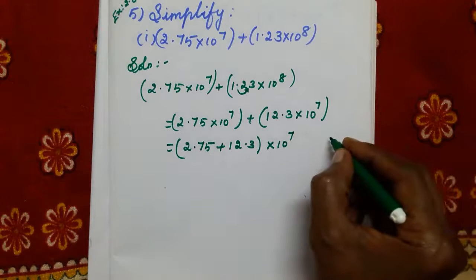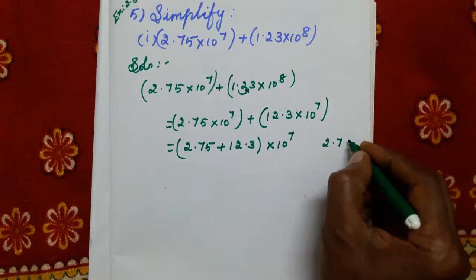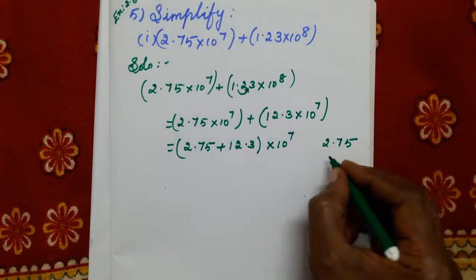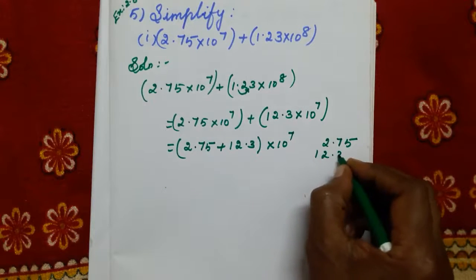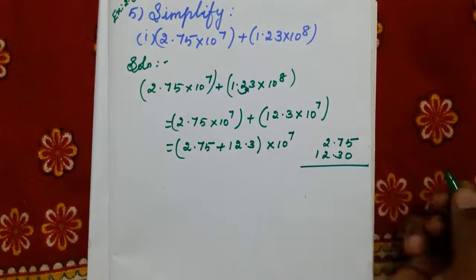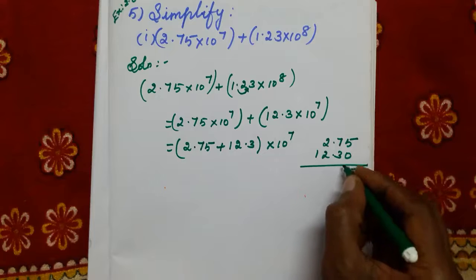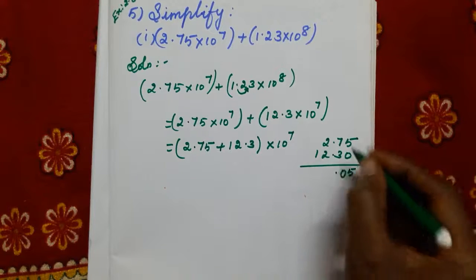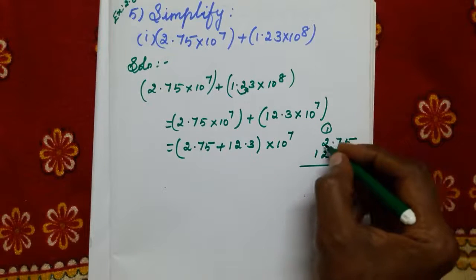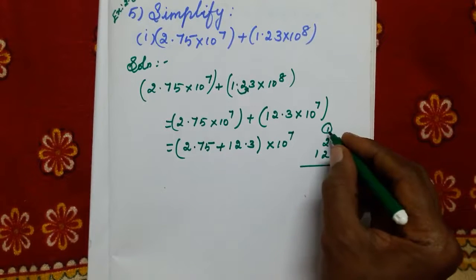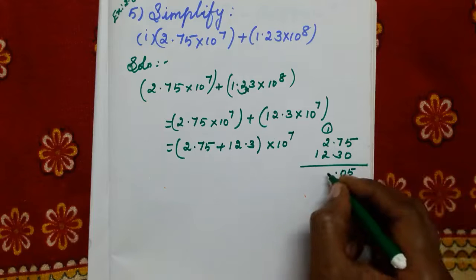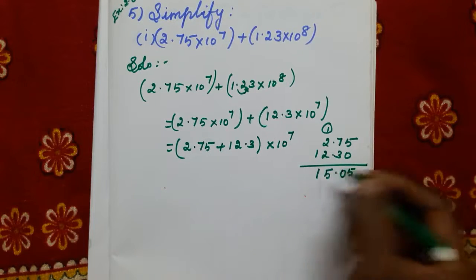Now we can add 2.75 and 12.30. 0 plus 5, 5. Next 7 plus 3, 10, but here 0 we write, and carry 1. Next 2 plus 2, 4, 4 plus 1, 5. 1.